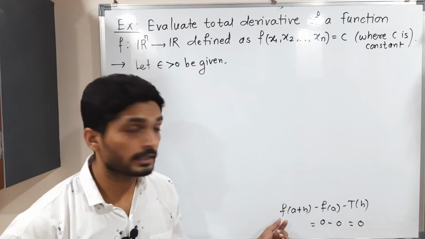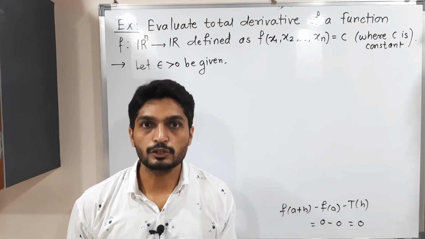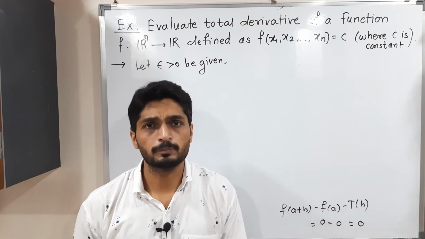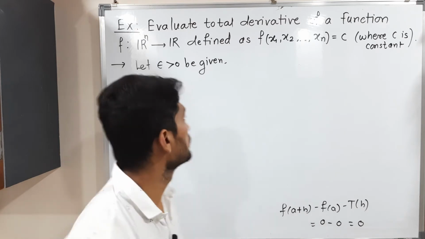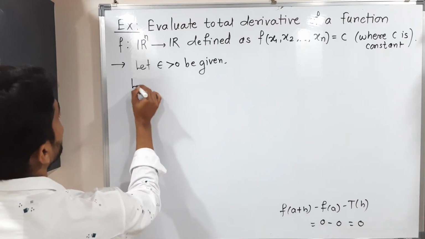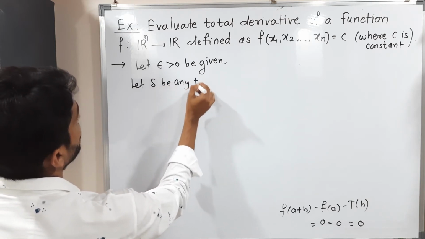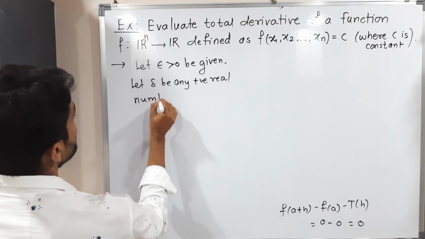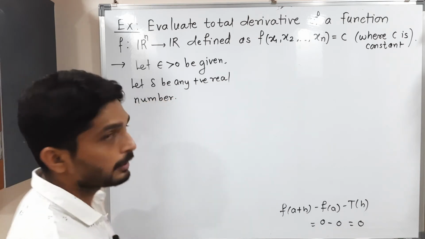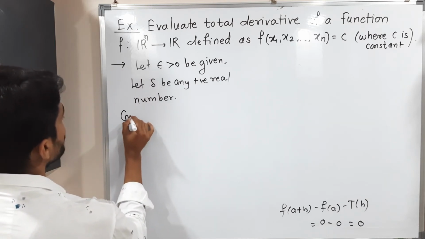But fortunately, the important term, f of a plus h minus f of a minus T of h, has value 0. So no need to worry, for any delta it will work. Let delta be any positive real number. That means it doesn't matter what the value of delta is. For any delta it will work. Let us prove it.